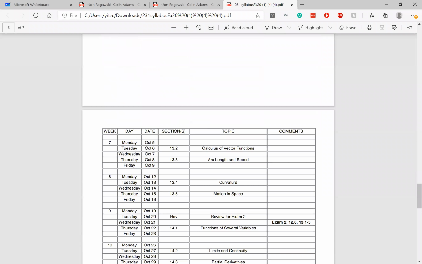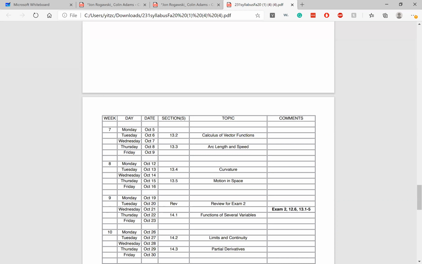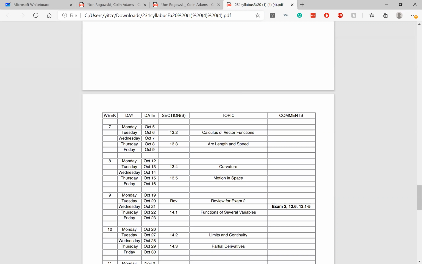Then we have the arc length and speed, where for arc length you use Pythagoras' theorem. You should be able to do that and reparameterize a curve so that the speed is 1. For curvature, you need to know the main formula, and then what the normal vector, the binormal and the unit tangent vector are. And that's it. That's where the quiz is up to.